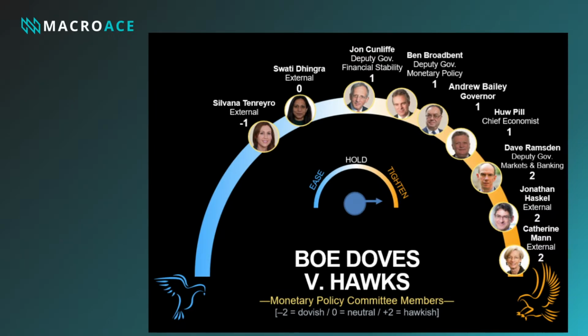So this is quite interesting, considering where inflation is at the moment in the UK. Although inflation is still in double digits, at 10.1% compared to 10.4%, Tenreyro and Dhingra cite that there may be, particularly Dhingra, is saying that the rate is quite high, and that could have a damaging effect on the UK economy, and that's why they've been voting for no change in the previous rate decisions that we've seen in the past.